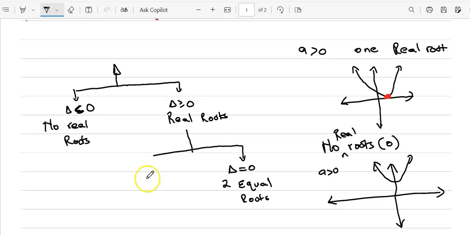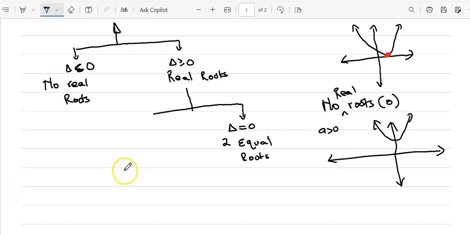Don't worry guys, this will make sense when we do examples on the next video. Now, if the discriminant is greater than 0, you'll have 2 unequal roots.